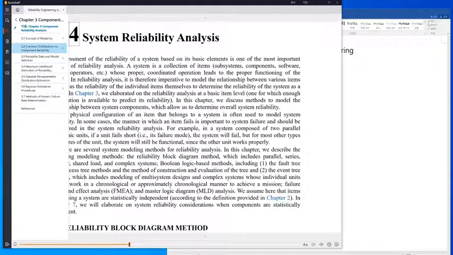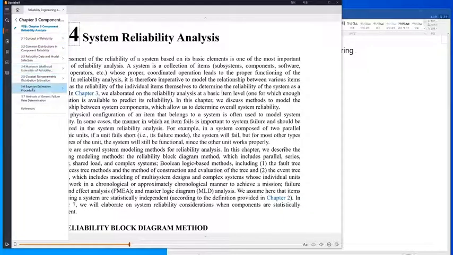I hope you are already familiar with these distributions: exponential distribution, Weibull distribution, lognormal distribution, normal distribution, gamma distribution, and so on. These are distributions that we already learned in chapter 2.